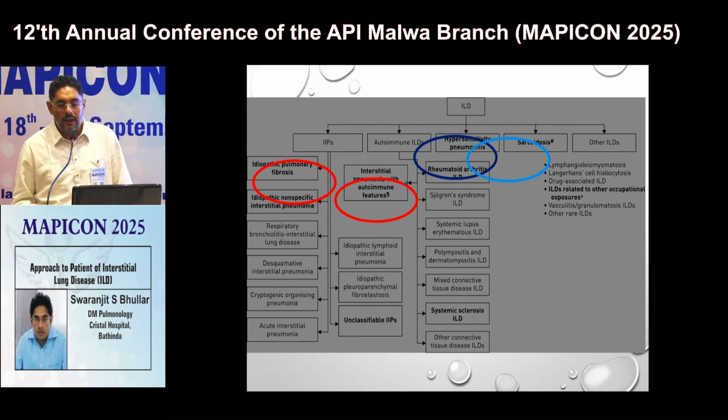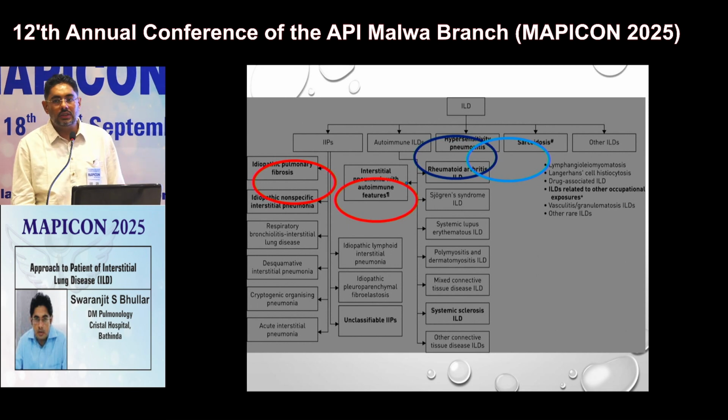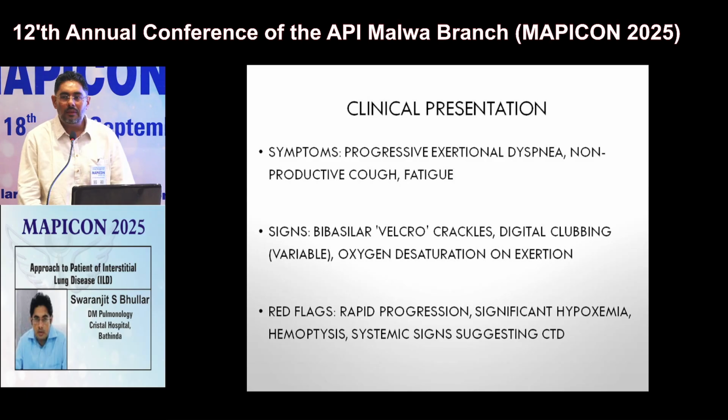Then ILD related to occupational exposures like silicosis, pneumoconiosis and asbestosis. Then we have ILDs related to vasculitis and granulomatous diseases like Churg-Strauss and Wegener's granulomatosis. And then there are a lot of other rare ILDs. So we will only go into the common ILDs that we find in our country and in routine practice.